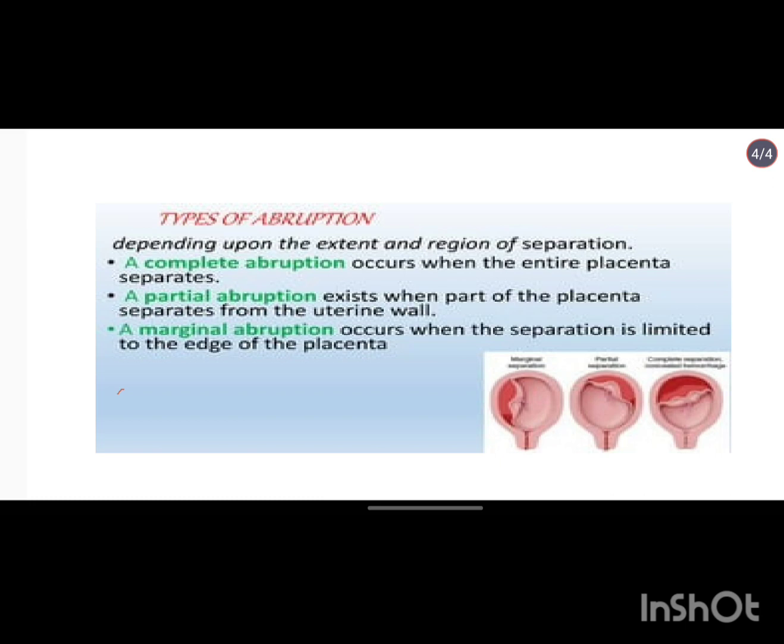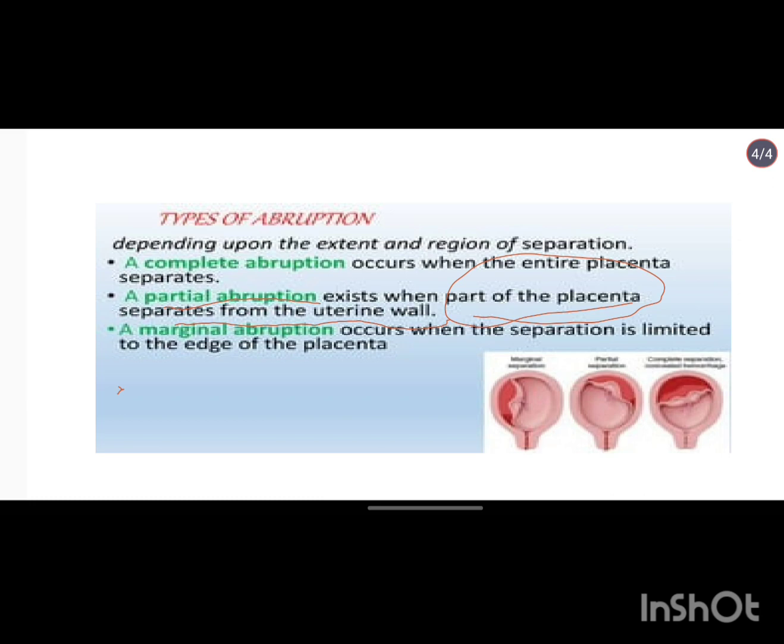And the second type is partial abruption. In partial abruption, it occurs when part of the placenta gets separated from the uterine wall. Here only a part of the placenta is getting separated from the uterine wall, and that is why it is called partial.